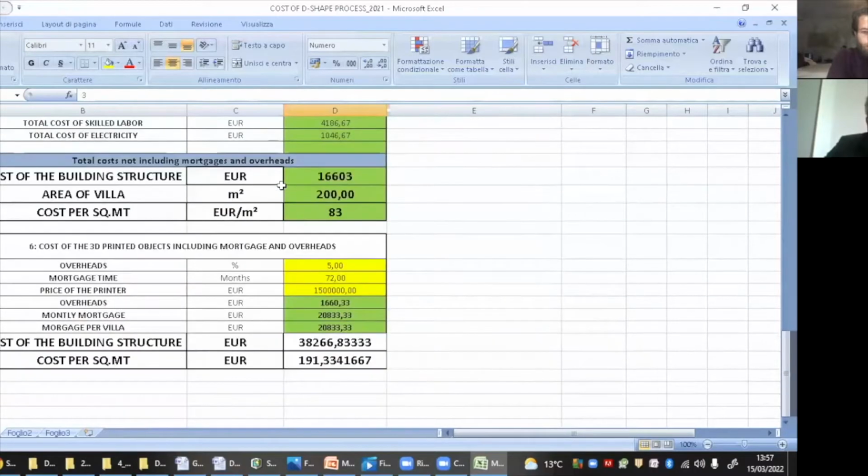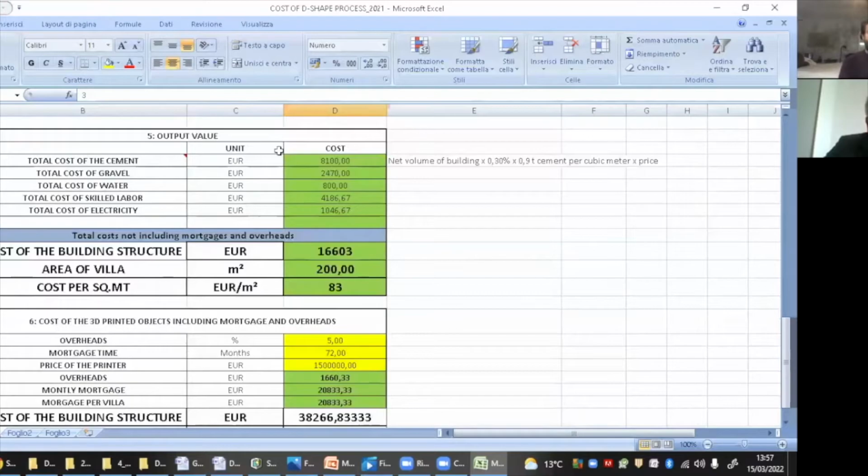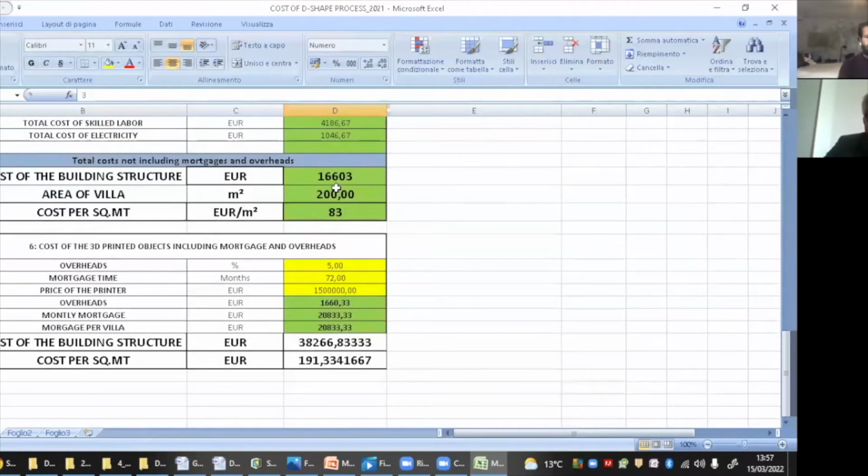And going to the cost, you see that the cost of the cement, gravel, and water bring the theoretical building cost to 16,000 euros only for a 200 square meter home, at 83 euros per square meter, not considering the mortgage of the printer.